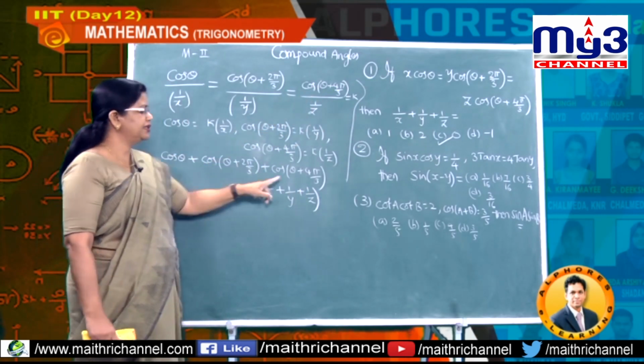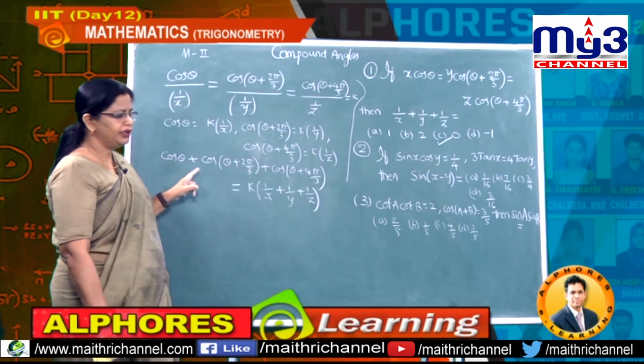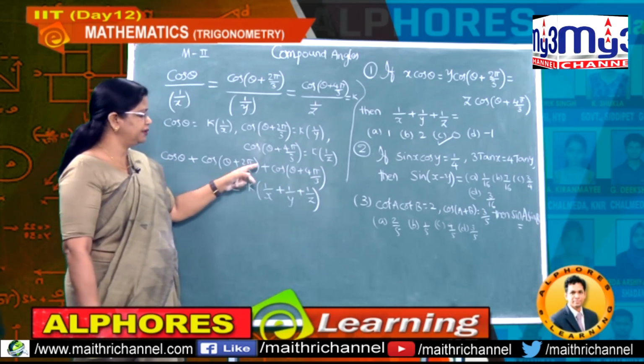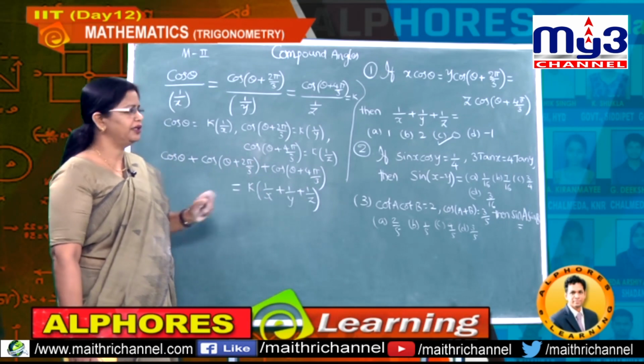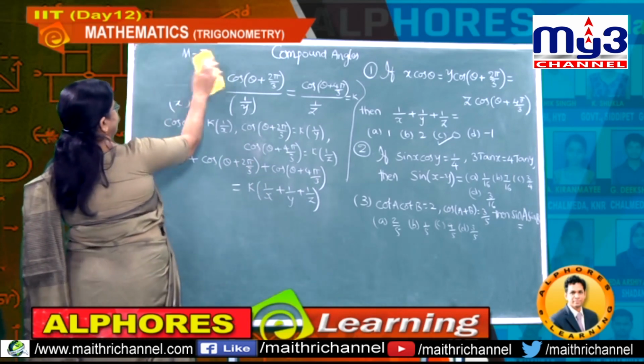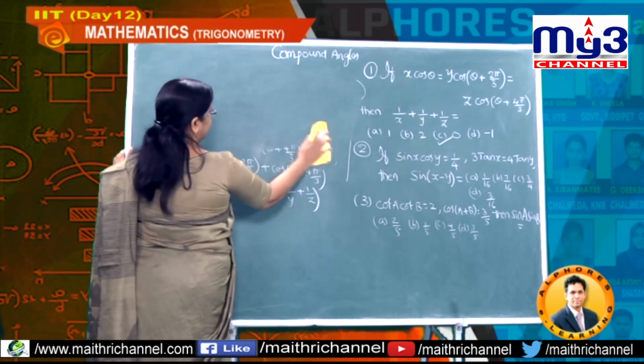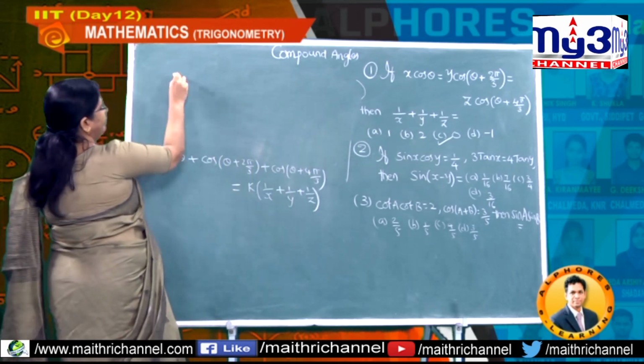Now what is this entire value, okay? This result also, even in future many times you need to remember. This is cos of 4 pi by 3 plus theta, let us observe what is that value.